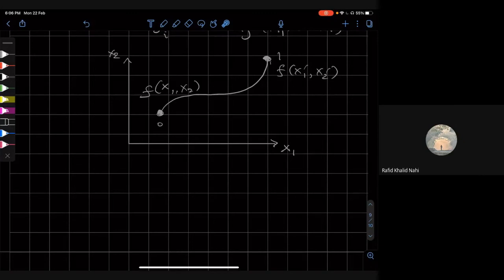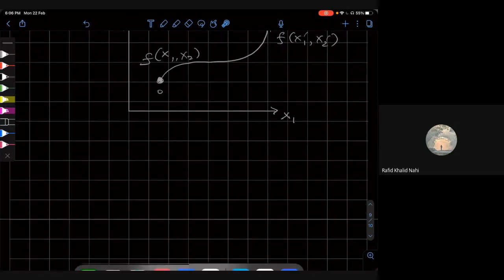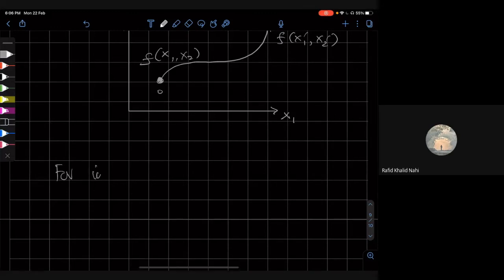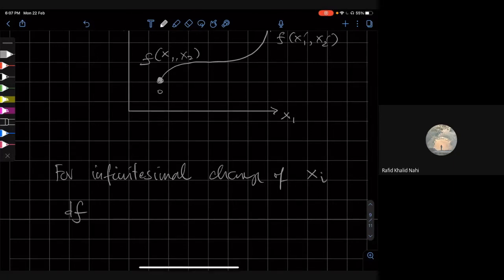So what does it mean? What it means is that on an infinitesimal scale, so if the change is infinitesimal, for an infinitesimal change of, say, the state variable xi, df, that is the change in the function of state, is an exact differential.